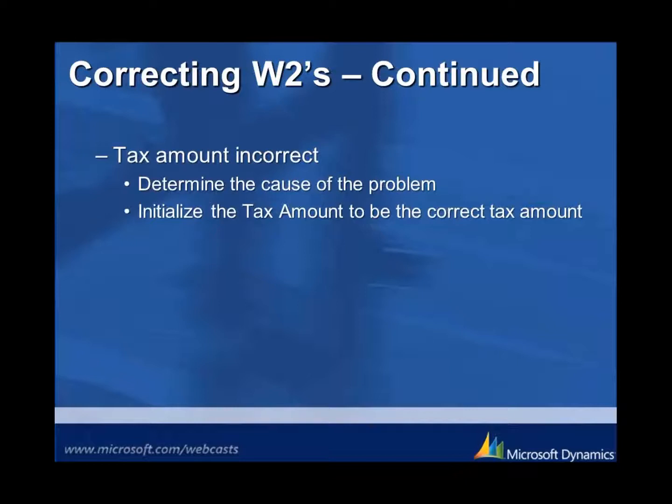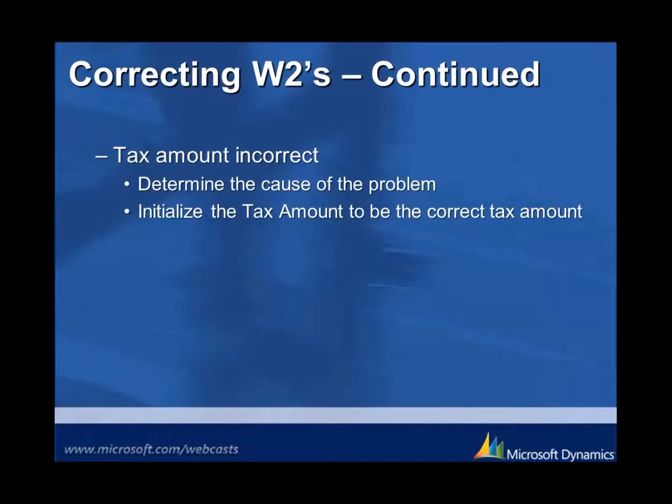But when I say that very first bullet point about determining the cause of the problem, we have to make sure that before we initialize any tax amount, number one, you've paid it into whatever taxing authority is in question, and we have to make sure that your general ledger entries have been booked appropriately.